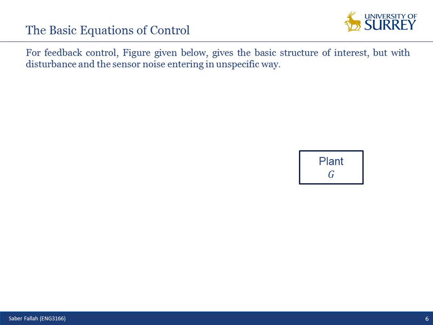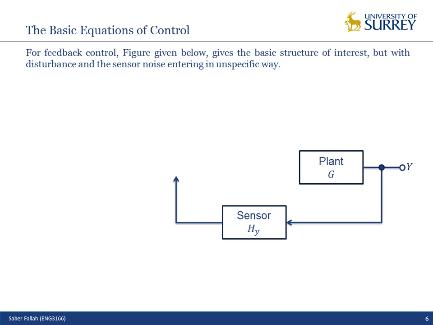Correct? So we need to use the sensor to measure or get information from the output response of the system. Here is the output. We use the sensor to measure it. I show the block diagram or transfer function of the sensor by HY.